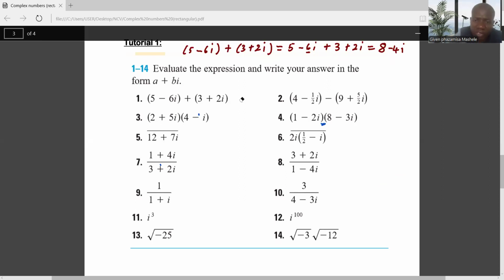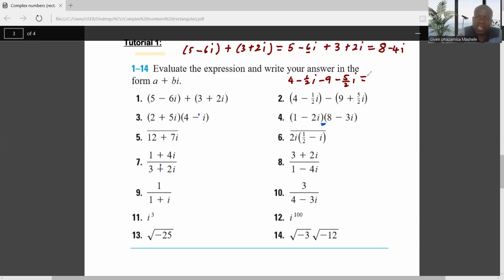Right, the second one, what do we have? The second one, it's 4. We're still subtracting. We remove the brackets here. So this will be 4 minus half i minus 9, then multiplied by negative 5 over 2i. Then we group the real with the real, the imaginary with the imaginary numbers.